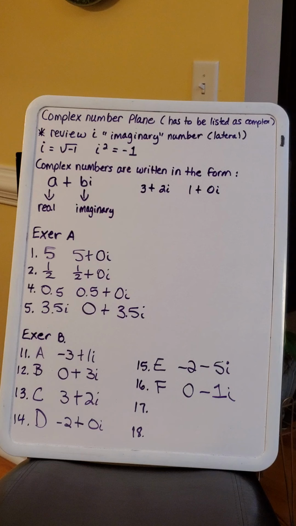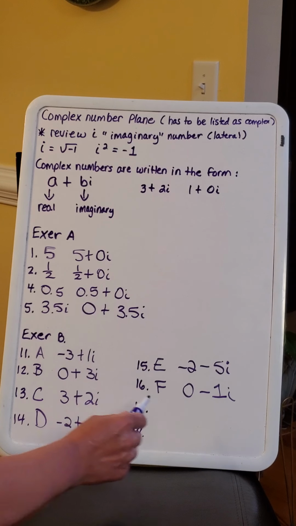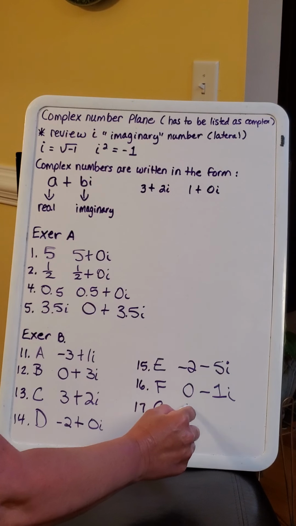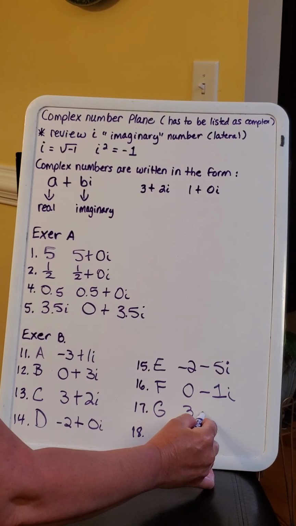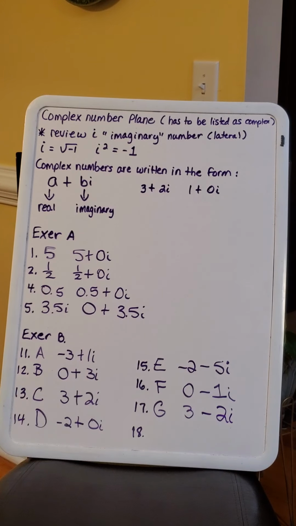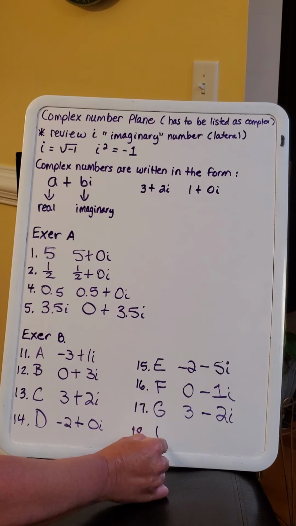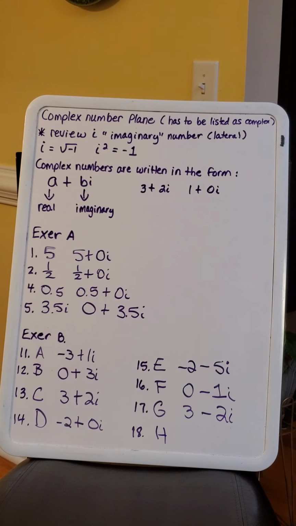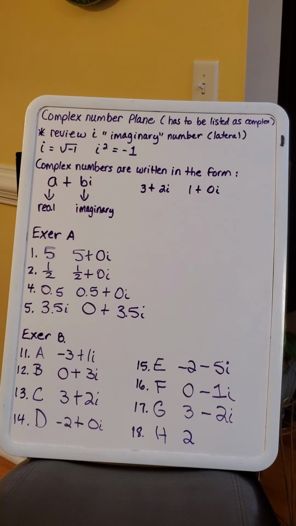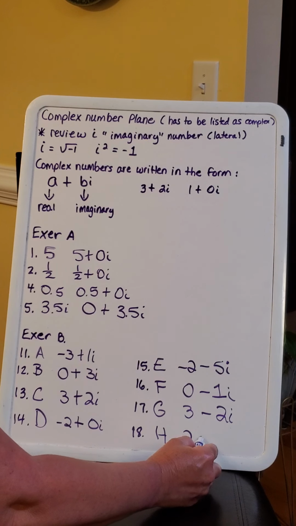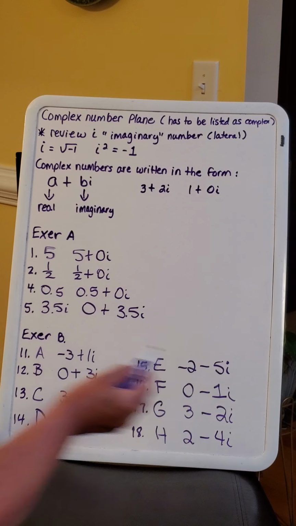Number 17, G, goes to 3 on the X and -2 on the Y, so 3 minus 2i. Number 18, H, goes to 2 on the X and down to -4 on the Y, so 2 minus 4i.